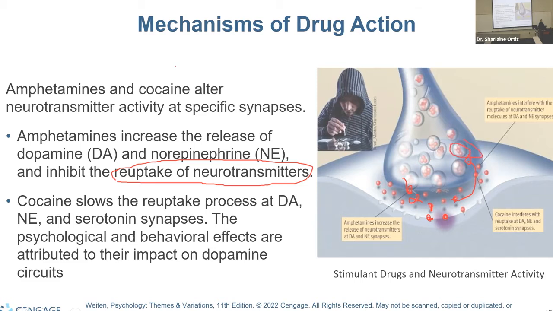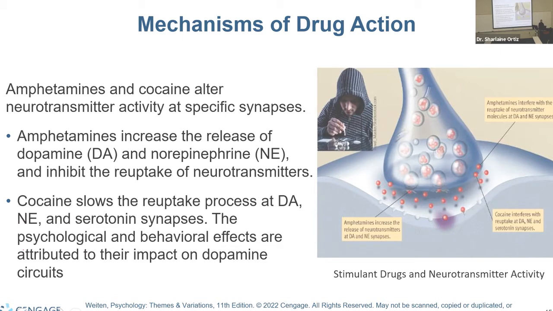They stop this reuptake. Basically, the synapse becomes full with these neurotransmitters, because not only is it going to stimulate more and more release, it's going to stop those neurotransmitters that shouldn't have been utilized and would have been recycled generally.